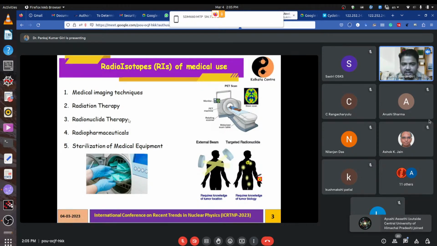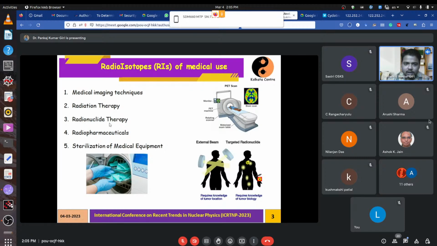So let's start with radiation therapy. Radiation therapy is one of the techniques where we give radiation to the particular part of the body which is deformed due to cancer, using information about the position. And we can irradiate a particular amount of radiation dose in order to kill that particular organ and eventually cure the patient.